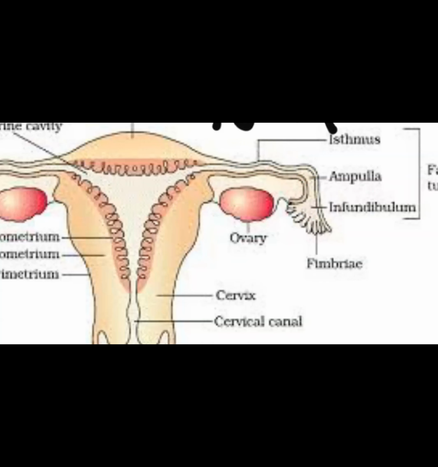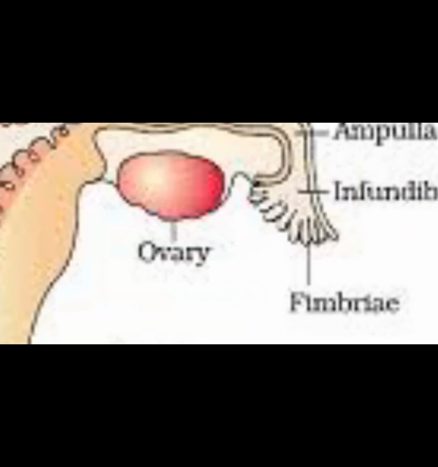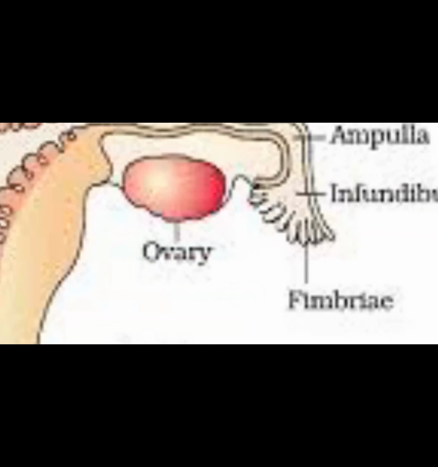This structure is very close to the ovary. And if you see its edges, they possess finger-like projections which are called fimbriae. These fimbriae will help in ovum collection after the ovulation.